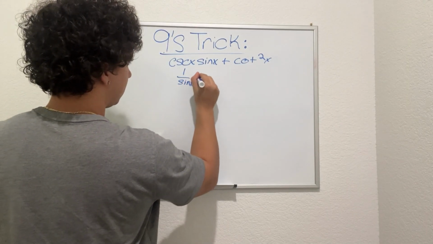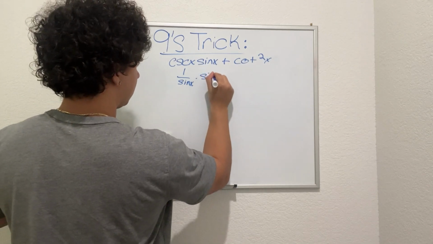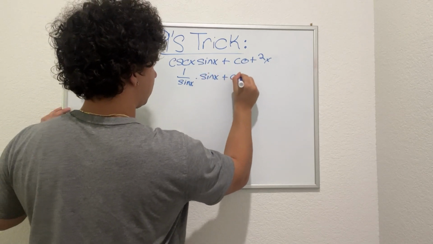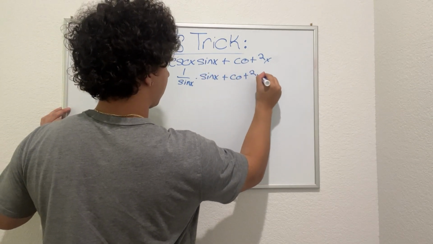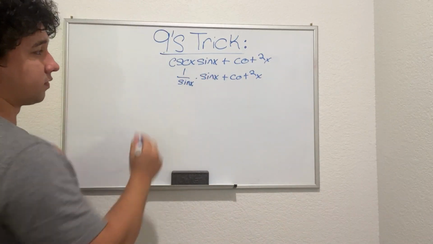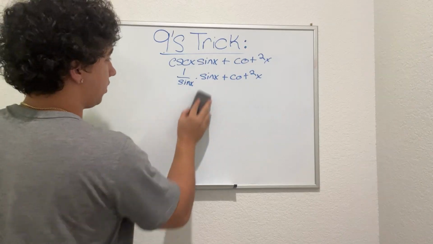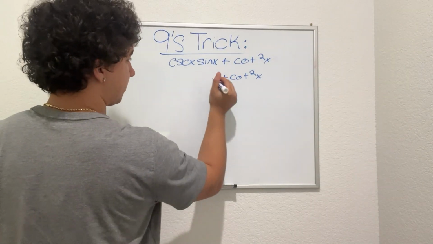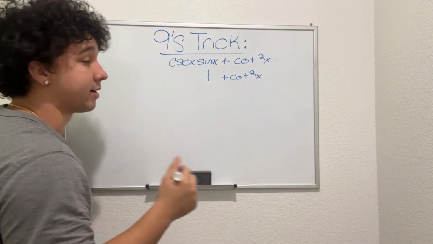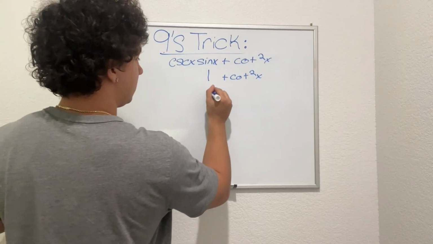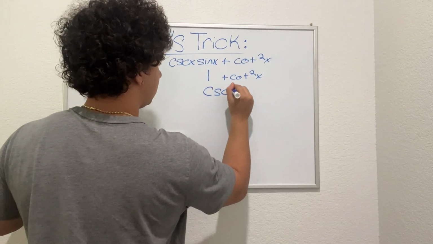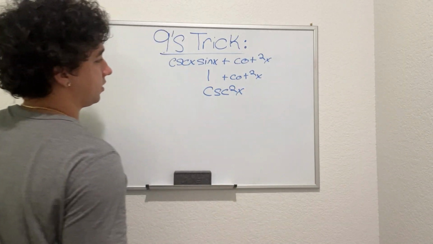So 1 over sine x times sine x plus cotangent squared x. Now 1 over sine x times sine x is the same thing as sine over sine x, which ends up equaling just 1. And then right here, I'm seeing 1 plus something squared. Automatically, I'm thinking Pythagorean identity, and in this case it actually is, equaling cosecant squared x.